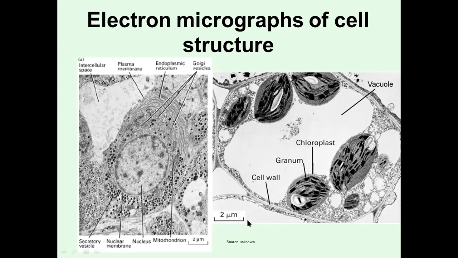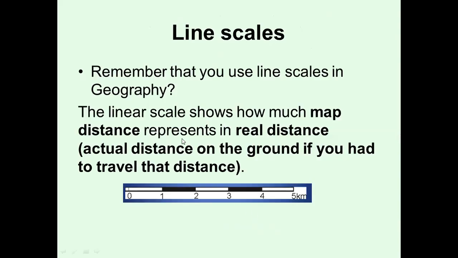And what this means is exactly the same as the geography ones that you have on a map. You know how in geography you've got a linear scale, and it shows you how much map distance represents in real, actual, on-the-ground distance if you had to travel it.